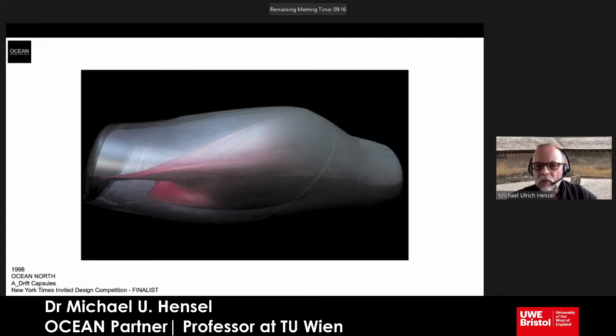And the New York Times wanted to have a designed time capsule, in quotation marks, that would be exhibited in the lobby of the New York Times building, and that should be able to last 1,000 years with some content about today inside of this capsule, and that the capsule itself should also express something about our technical state and sensibilities today.